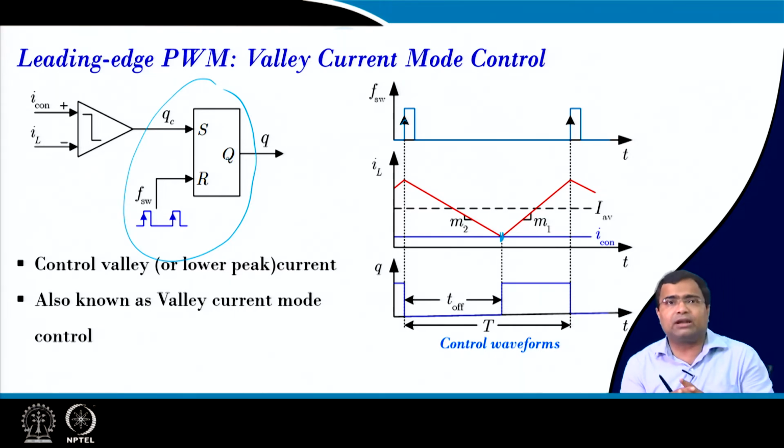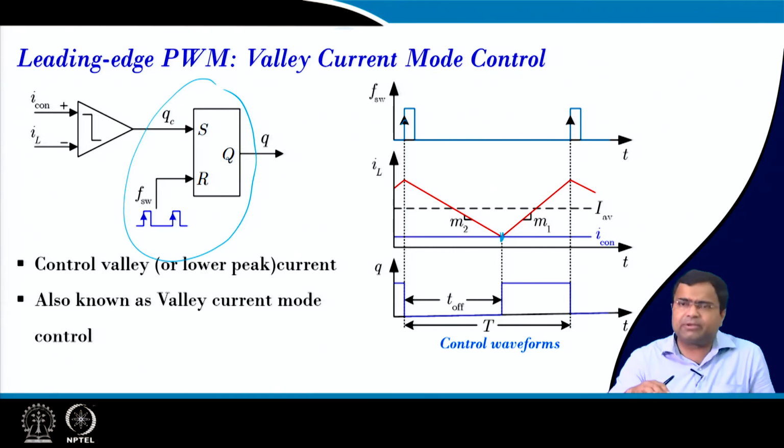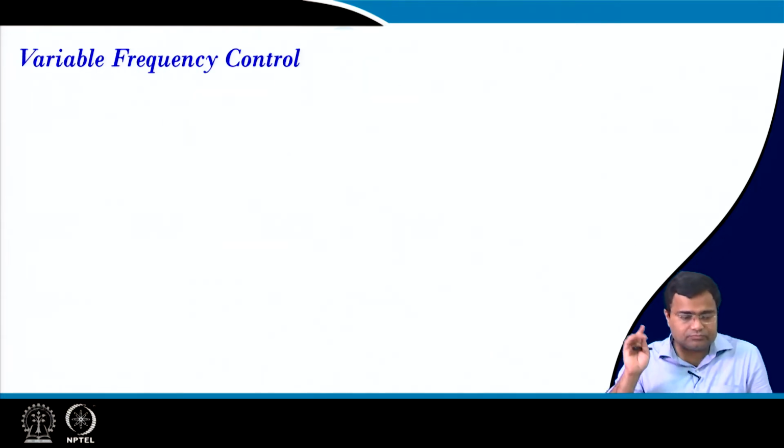But in valley current mode it is just the opposite. At a duty ratio less than 50%, the current loop is unstable, and it will be stable when the duty ratio is above 50%. So, that is why leading edge modulations are generally not used for low duty ratio operation, but may be used for high duty ratio operation.